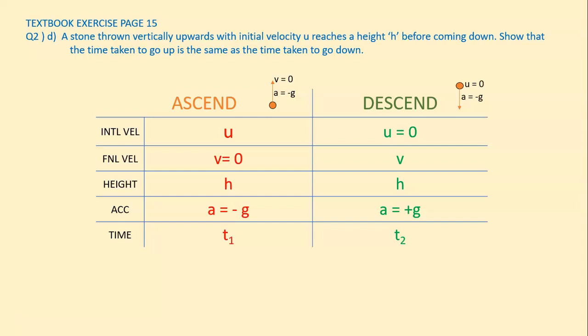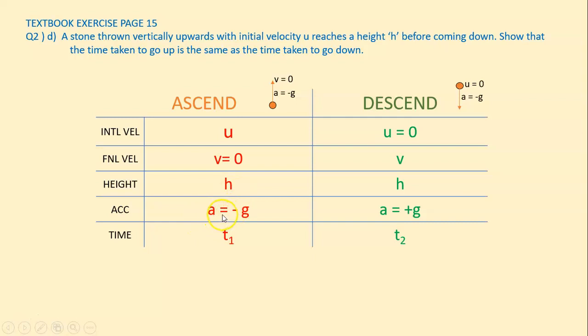A stone thrown vertically upwards with initial velocity u reaches a height h before coming down. Show that the time taken to go up is the same as the time taken to go down. We will find out the time while ascending and while descending. Initial velocity u, final velocity v, which is 0, height is h.